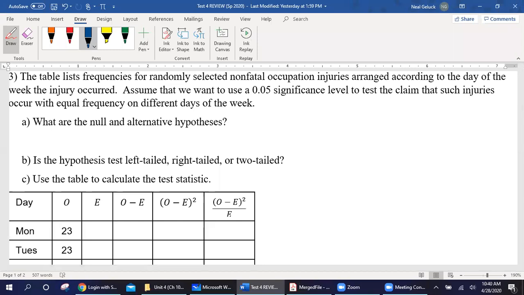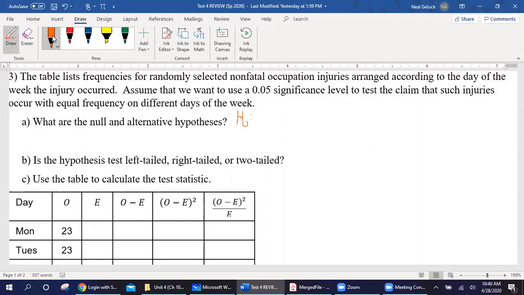Looking at number 3, now we're doing a goodness of fit test. The null is basically that it agrees with the claim. And I have these better written on the PDF of the review answers. Basically, the claim is that injuries, non-fatal injuries, occur with equal frequency on different days of the week.